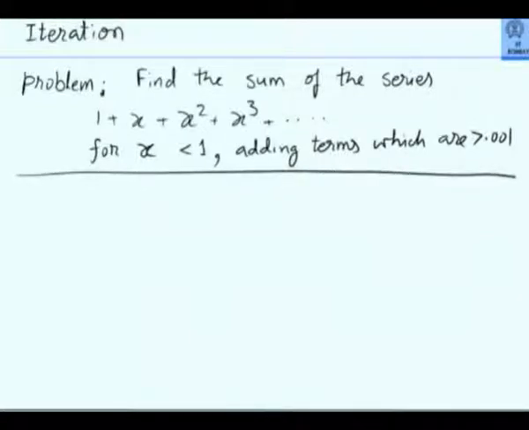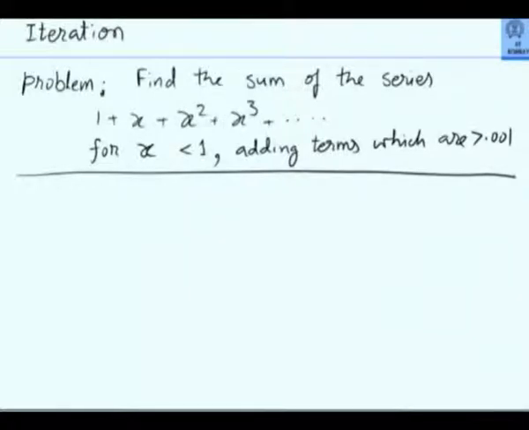Suppose this is the problem you are given. Find the sum of the series 1 plus x square plus x cube plus so on, for some given value of x which is less than 1, by adding all those terms which are greater than 0.001. So suppose x is equal to 0.8.